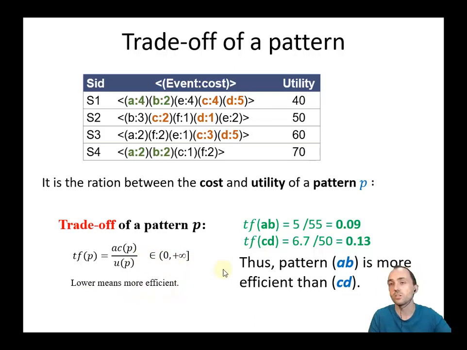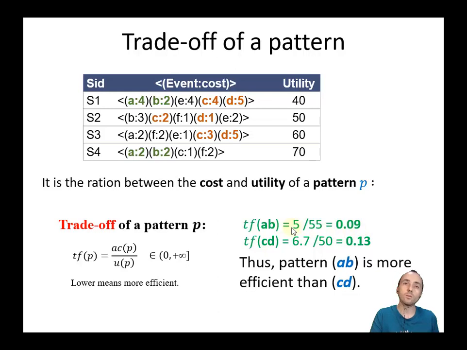So for example, let me show you some example. We have the pattern A followed by B. A followed by B appears in the first sequence and the fourth sequence. The average cost of A and B is 4 plus 2, 6. And here we have 4. So that means 10 divided by 2, so the average cost is 5, divided by the average utility for A and B. It was 55 we saw before. So that means the trade-off is 0.09.